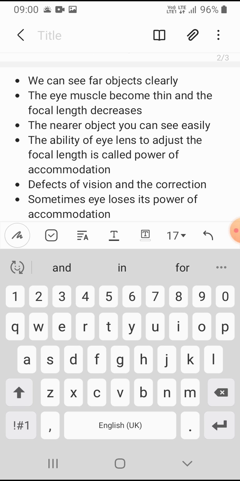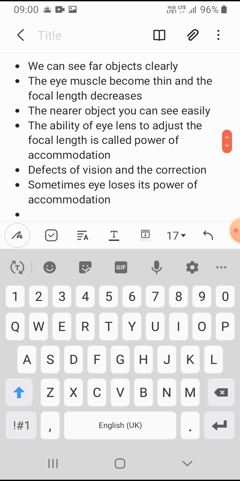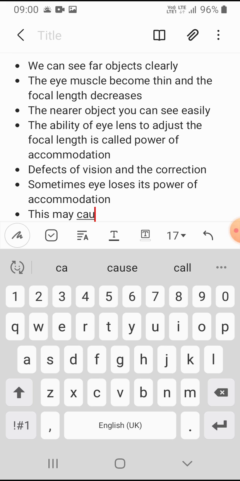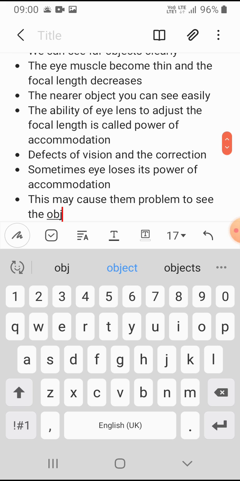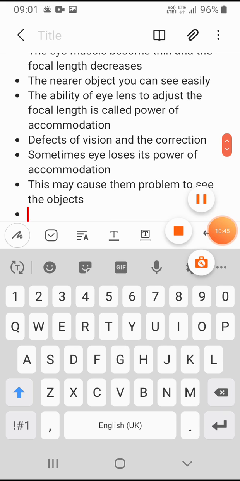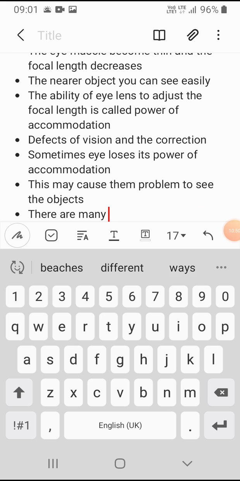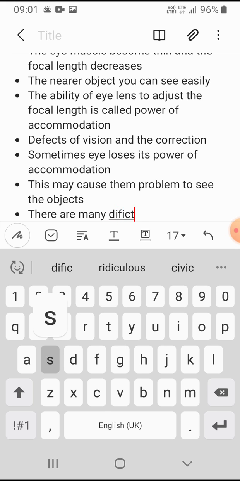That seeing power may go, and this may cause problems in seeing objects. There are many defects of vision.